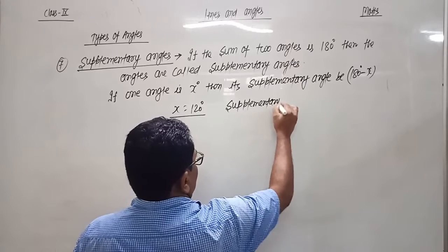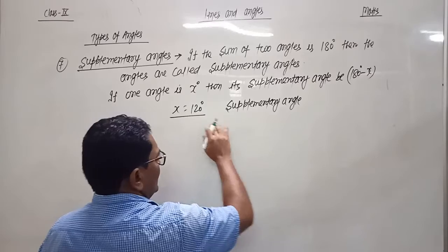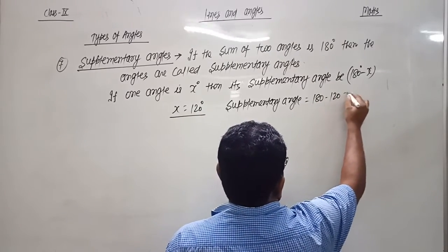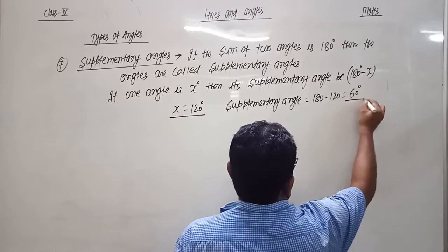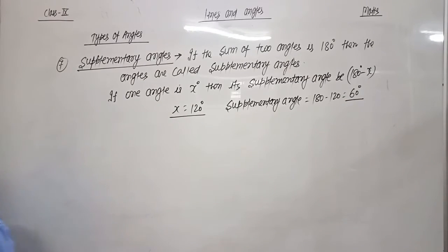So its supplementary angle is calculated by subtracting 120 degrees from 180. So 180 minus 120, we get the supplementary angle as 60 degrees. So if the sum of two angles is 180 degrees, then these two angles are called supplementary angles.